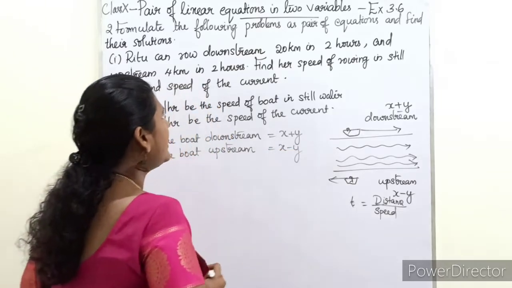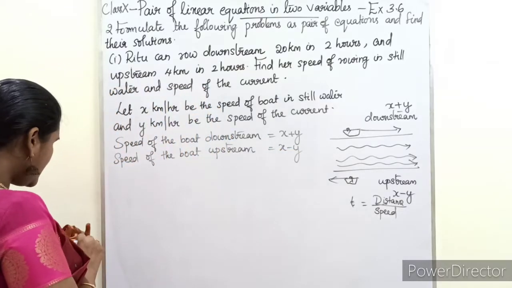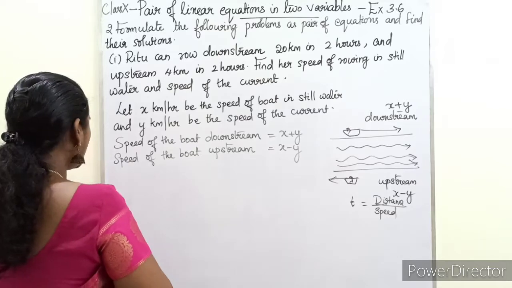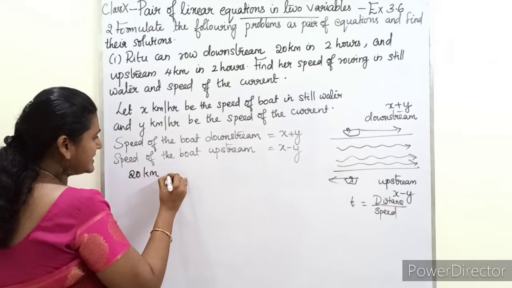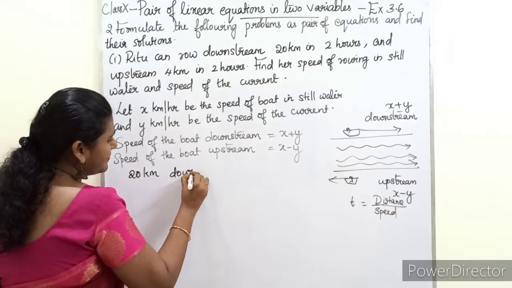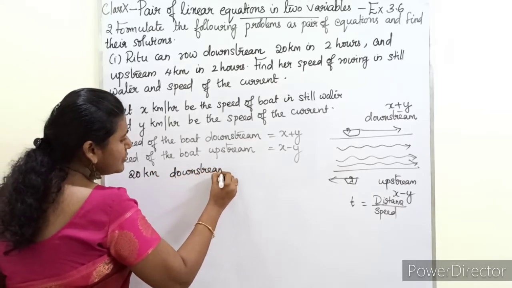Now we will write 20 km downstream in 2 hours. Okay, so 20 km is the distance downstream in 2 hours.